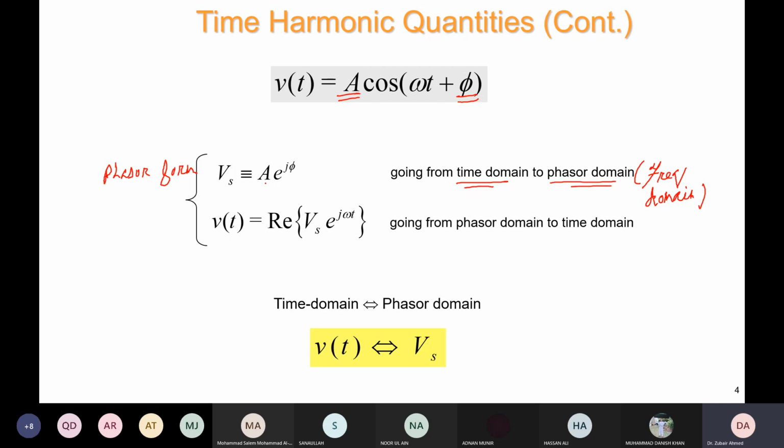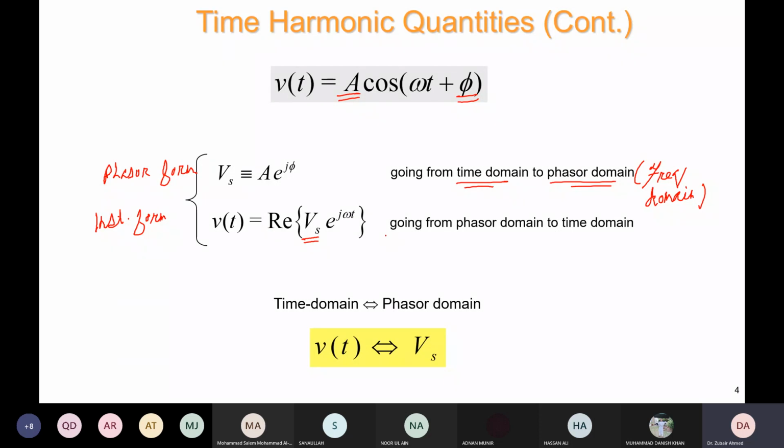Now, if we are given this phasor form and you are asked to convert back into instantaneous form, then you can use this fundamental definition. You multiply this phasor V of S by this exponential of j omega t and take the real part.